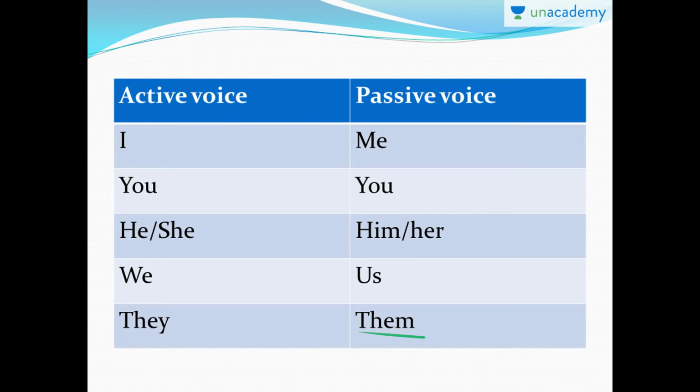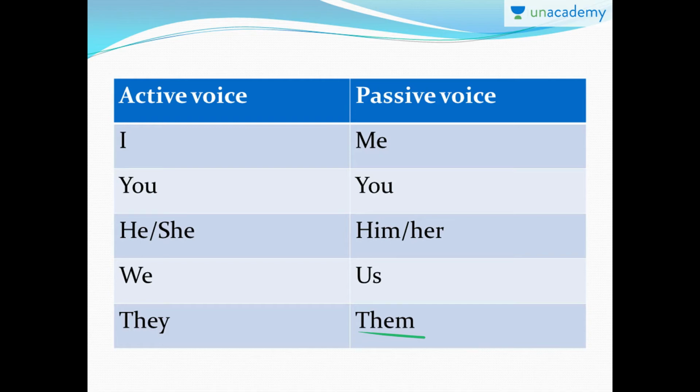Was and were will change with the object's singularity and plurality. For example, let me change the example to I fed the dogs. So the dogs were fed by me. You fed the dogs, the dogs were fed by you. I'm using were because dogs is plural.